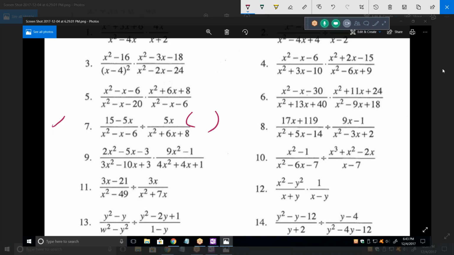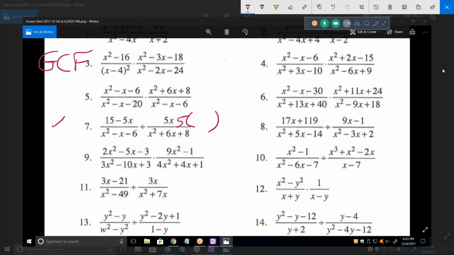So the first one, 5x minus 50, is it? What's the first thing you look for? Greatest common factor, so 5. What's left? What goes in the parentheses? Here's how you figure it out.